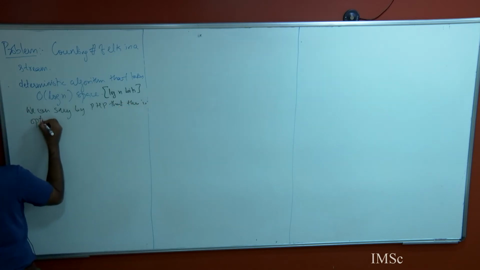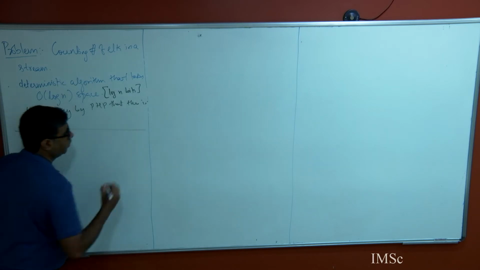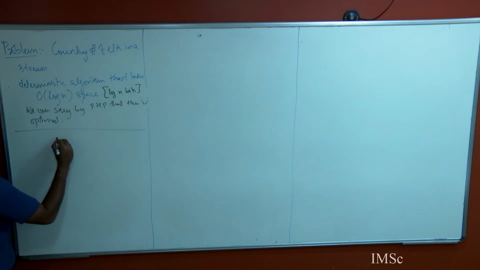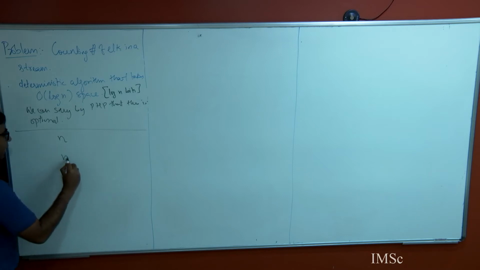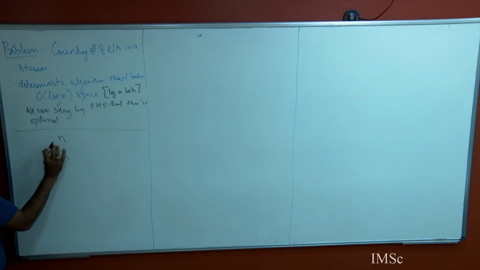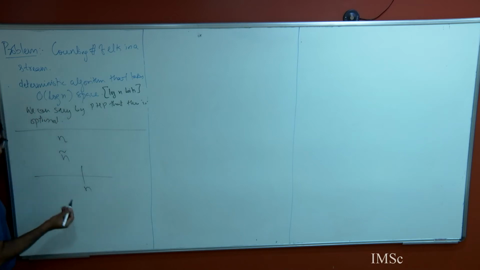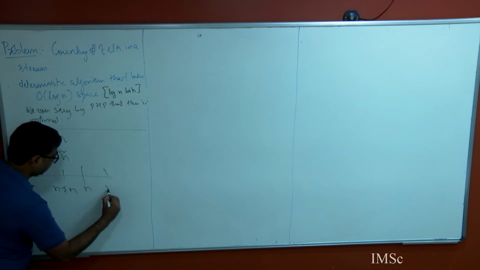Then we relaxed this condition: if I wanted to compute things exactly, then I cannot take less than log n bits to count n items in a stream. So we relaxed this and said fine, if there are n items, you can return an n tilde which is in a good range around n, like n minus epsilon n to n plus epsilon n.